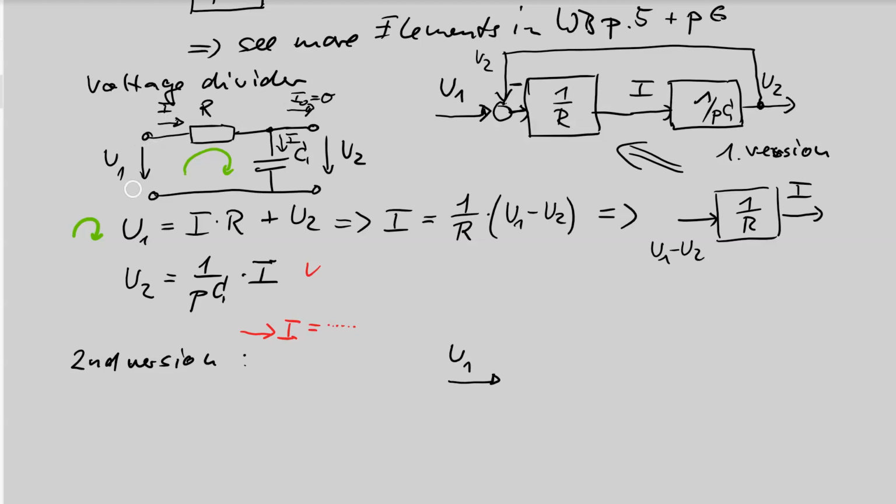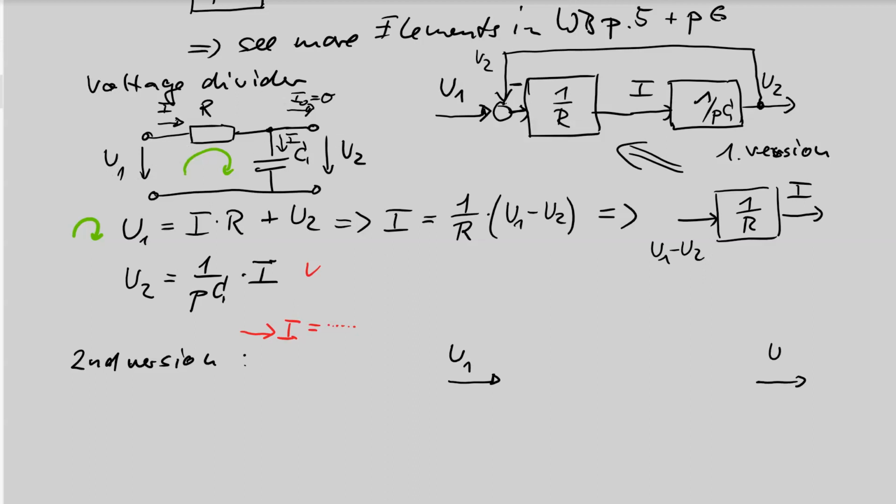If this is unloaded, no current, so then the use of this circuit, if this is the source and this is the response, is senseless. It's nonsense. So we can only say this is input, this is output.